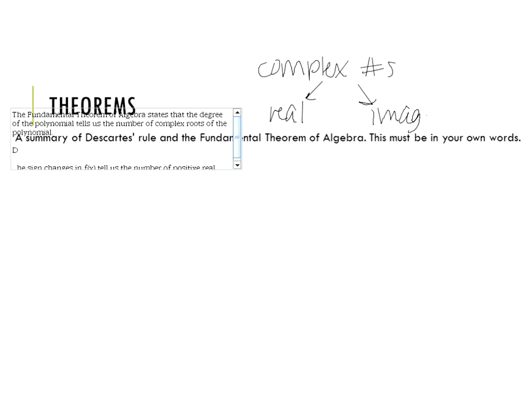So I was like, where did you guys go? So the sign changes in f of negative x tell us the number of negative real roots, or that number less an even number. All right, so there we have our summaries.